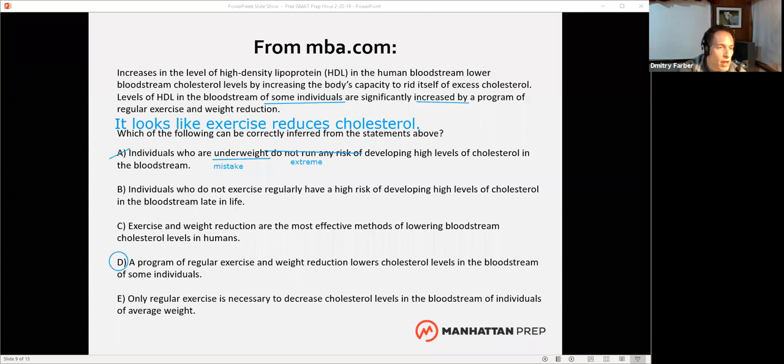Okay, what else? C, the most effective method. Yeah, so that's ruling out all of the possibilities, right? So it's extreme, but also an unwarranted comparison. We don't have any way of comparing. If I say that movies and comic books are Kim's favorite things, then I can fairly compare those to other things.